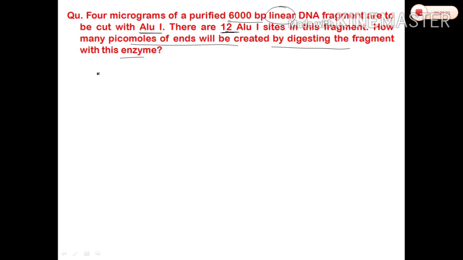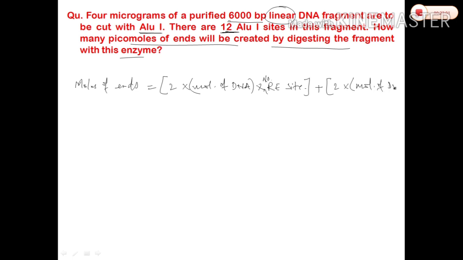The moles of ends will be 2 into moles of DNA into the number of restriction enzyme sites, plus 2 into moles of DNA again. Why? Because the 2 ends are already there in the linear DNA.